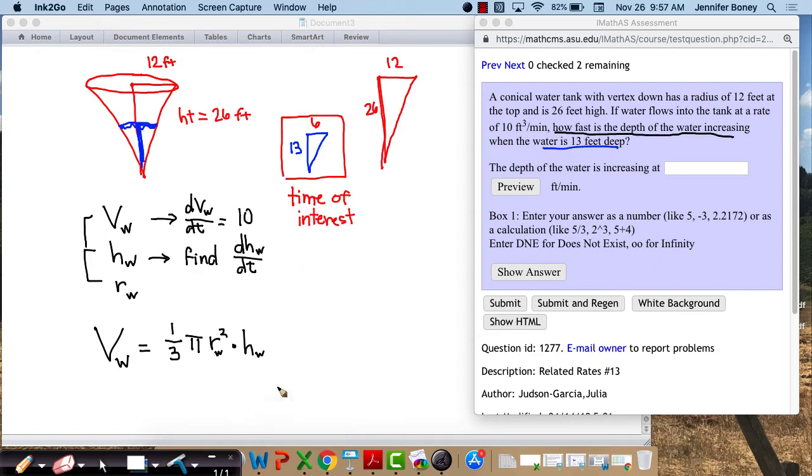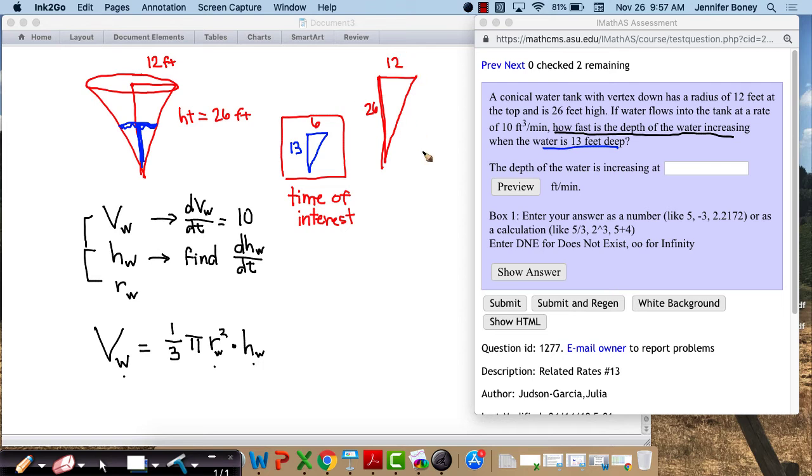I just avoided using d so it didn't get confused with the derivative d's. But I know I can take a derivative of volume with respect to radius or height, or maybe even change this so that it's all radii or all heights. But there's three different things in here that are all changing with respect to time. These two have a pretty simple relationship to one another. The radius of the water and the height of the water at any point in time are going to be based on this relationship between the radius and the height.